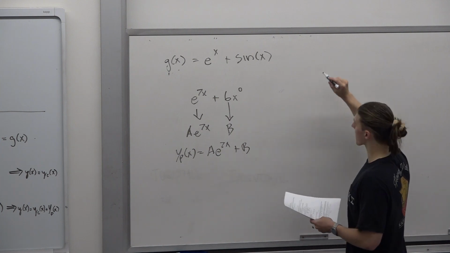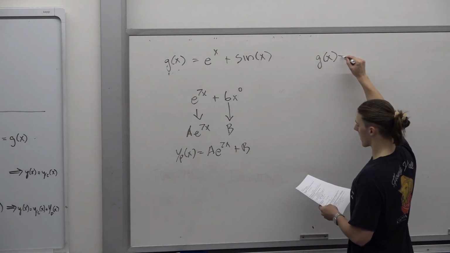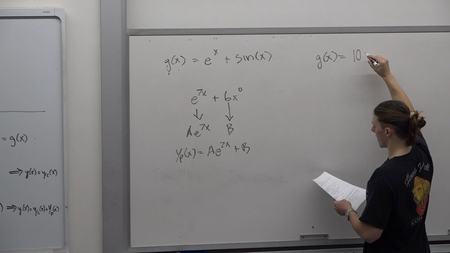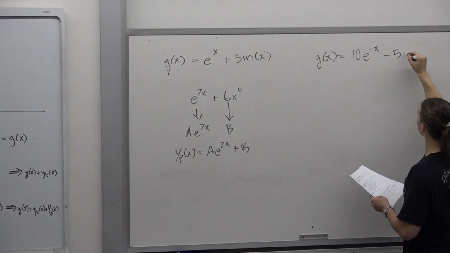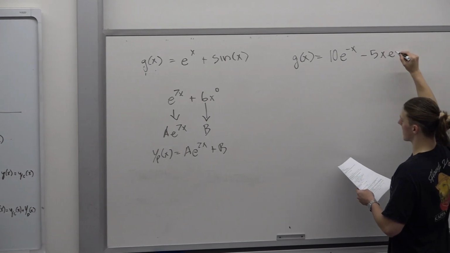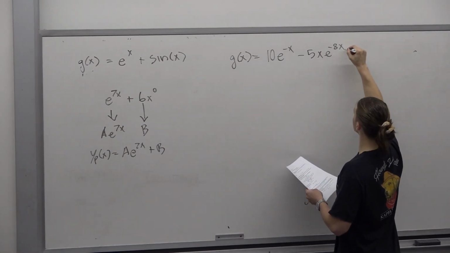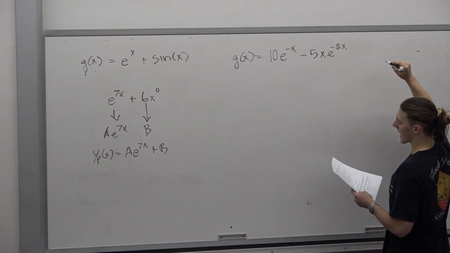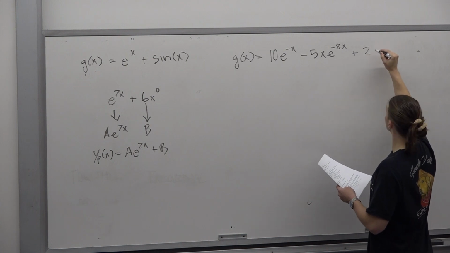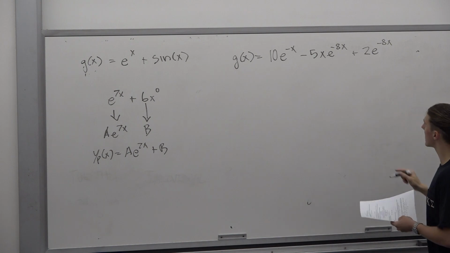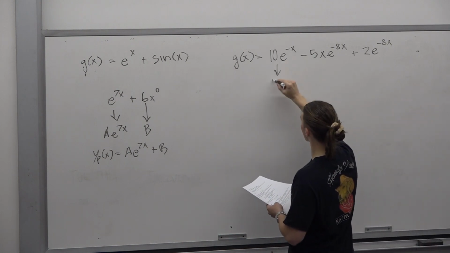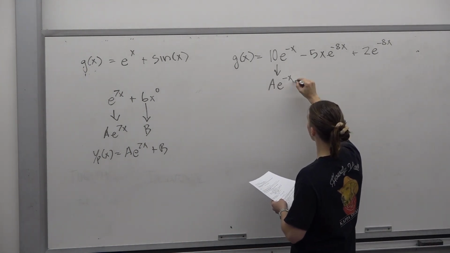So one more example. Our g of x is 10 e to the negative x minus 5x e to the negative 8x plus 2 e to the negative 8x. So our guess for this one is a e to the negative x.